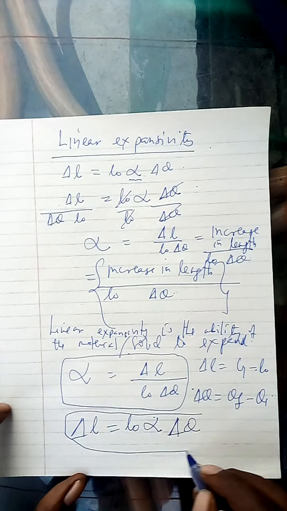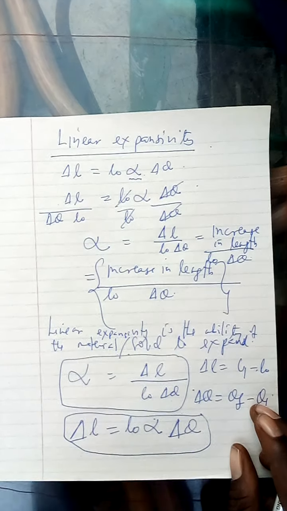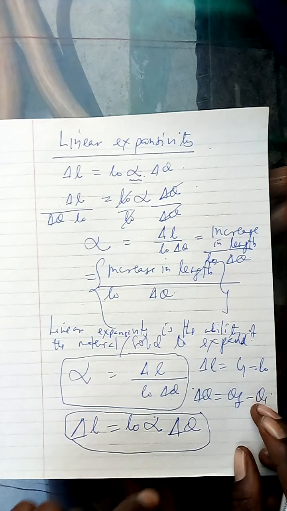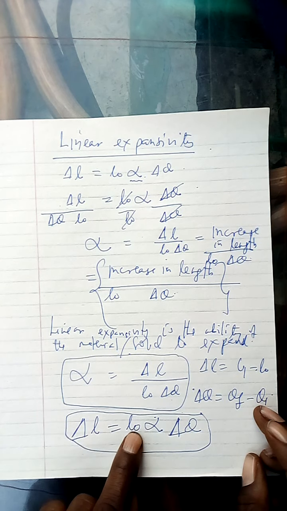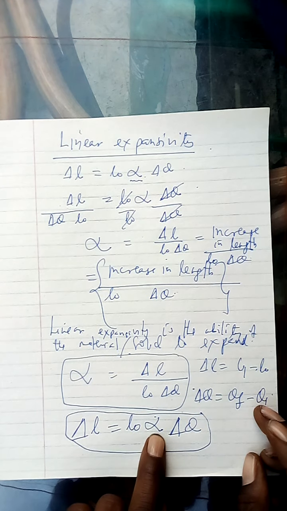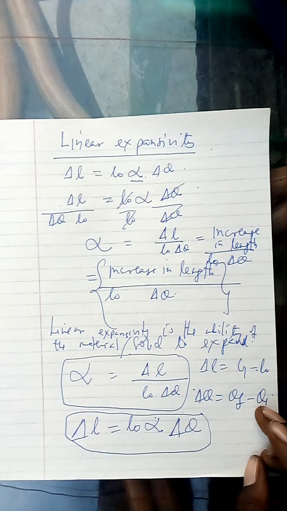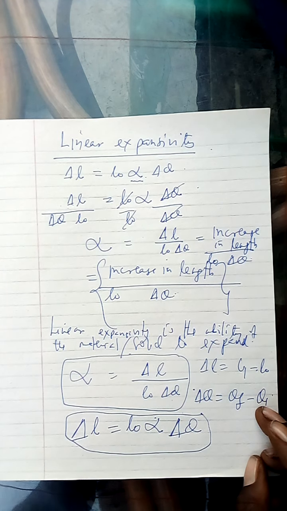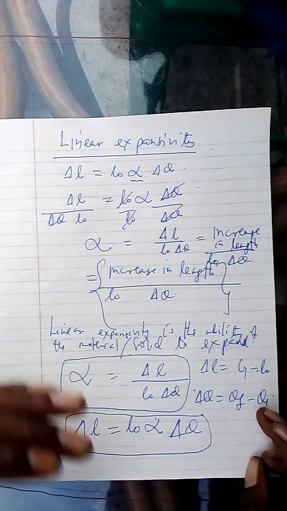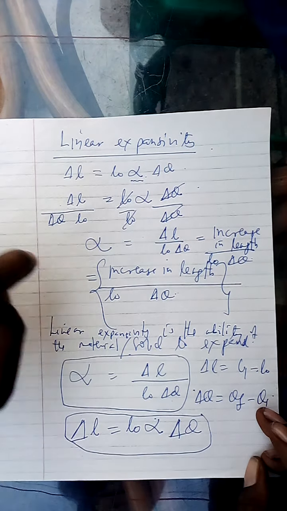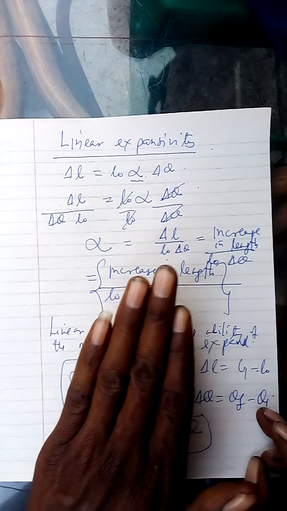This is very important whenever you're talking about thermal expansion in solids. This is the change in length, this is the original length, this is linear expansivity, and this is the change in temperature. Are we together? So you can define linear expansivity as the ability of an object to expand.